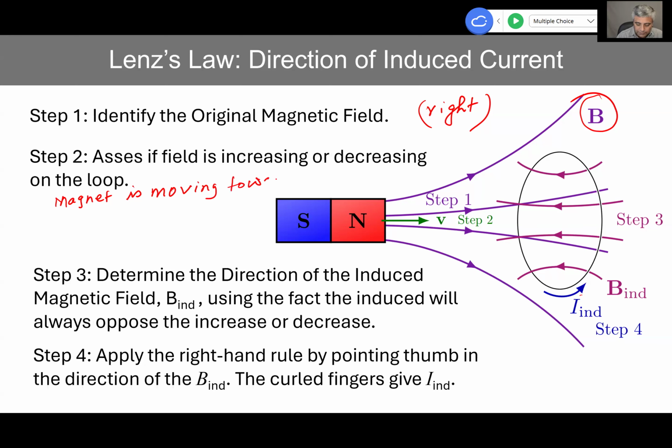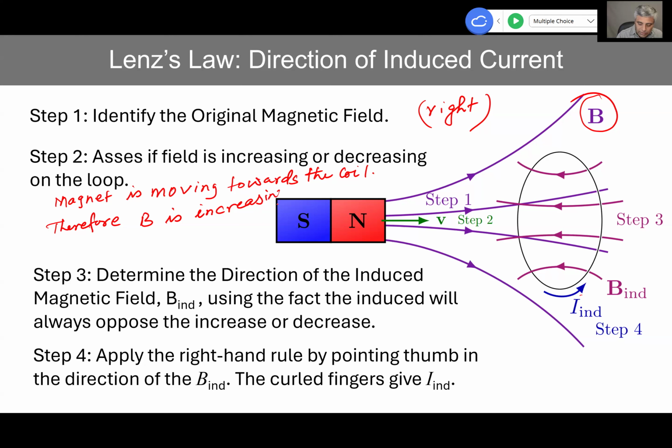So it's getting closer, right? It's coming closer. So if you bring magnet closer, what happens? Magnetic field becomes larger. Therefore, B is increasing.